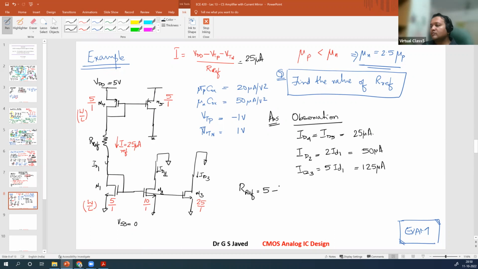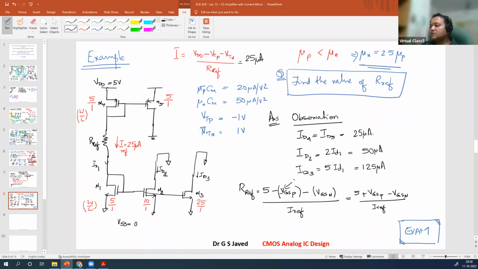So you can also write this as VGS of P, which is negative, right? Then minus VGS of N or VTP, whole divided by IREF. So what does this say? 5 minus 5 plus VGSP minus VGSN divided by IREF.